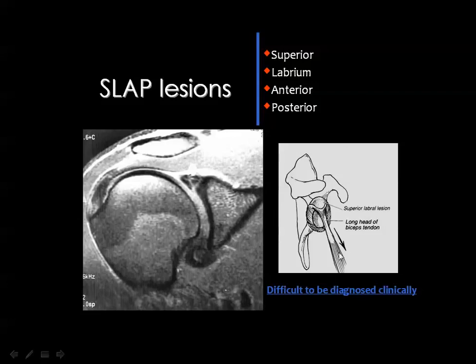Then if the injury is extending into the tendon of the long head of the biceps, you get different staging and different grades. Then we have more than one lesion affecting the superior labrum, which are classified as SLAP injuries, starting from type 1 up to maybe type 10, for example.